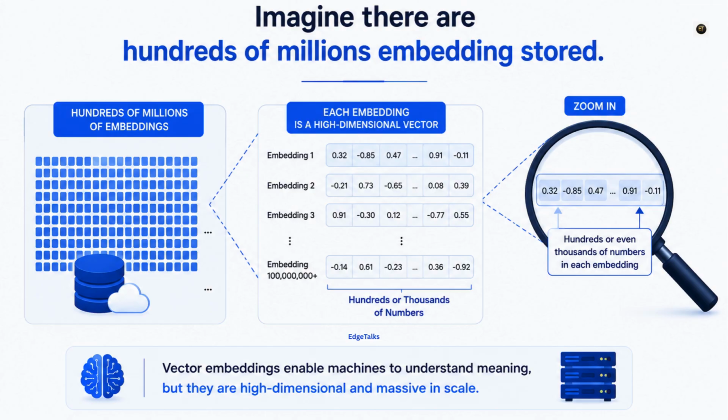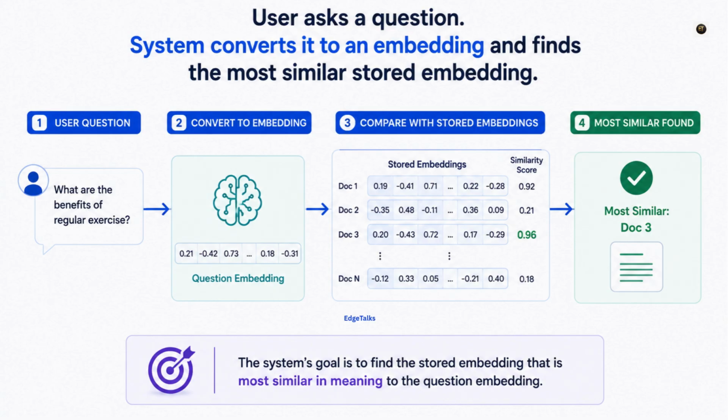Imagine there are 100 million embeddings stored. Each embedding itself contains hundreds or even thousands of numbers. Suppose a user asks a question. The system first converts that question into another embedding. Now it has to find which stored embedding is most similar.